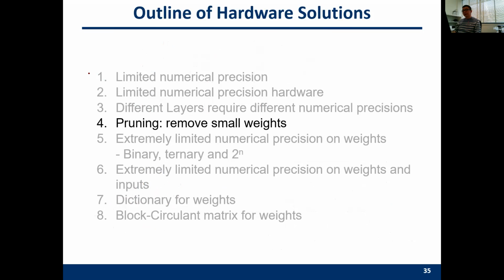So Pierre's 3 bullets here indicate you can reduce the bit width of each weight. You don't have to represent a weight by 32-bit floating point. Maybe 4-bit, 5-bit are good enough. Another method to reduce the computing overhead is that we can remove some redundant weights.